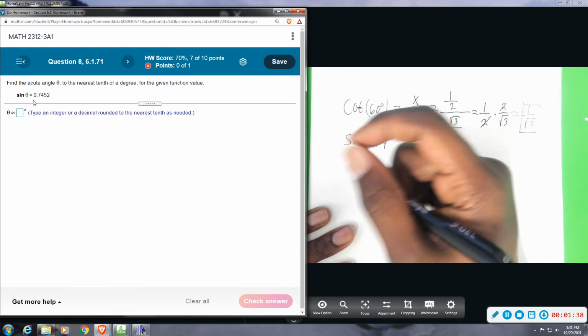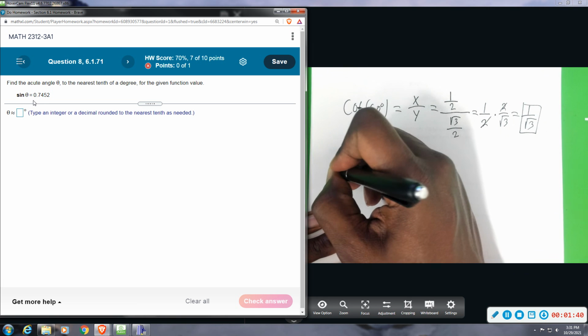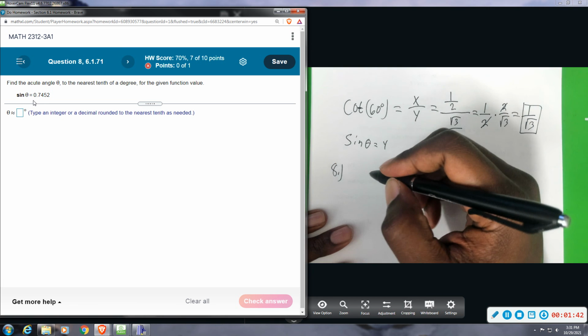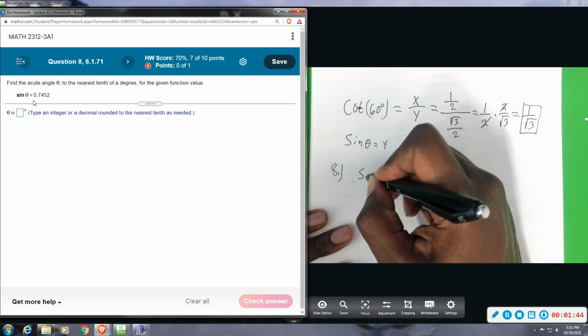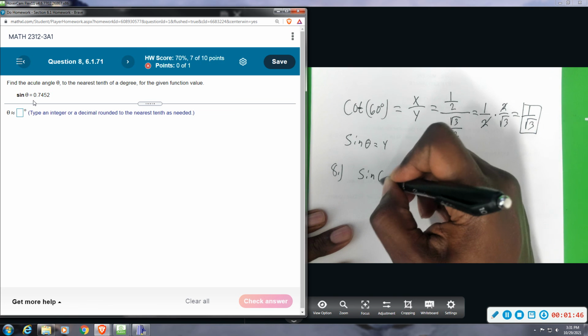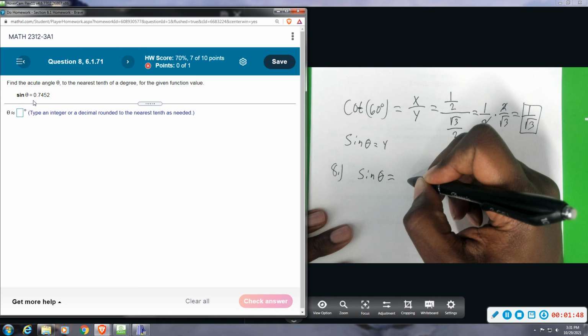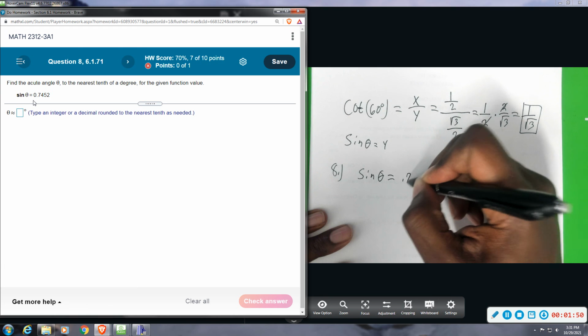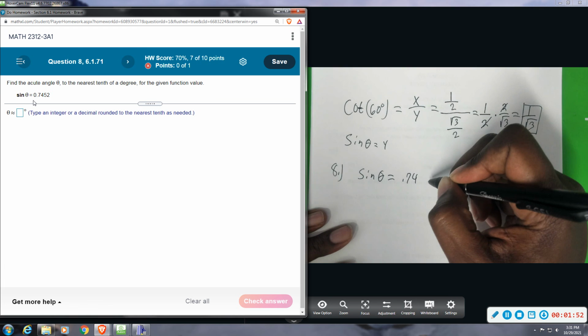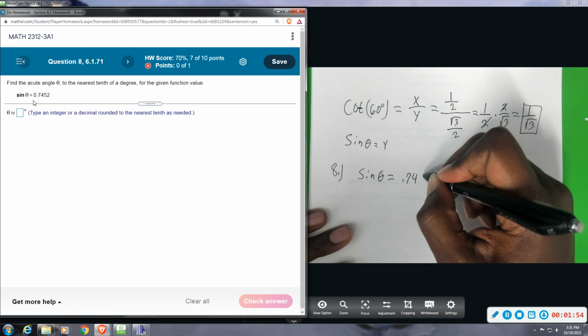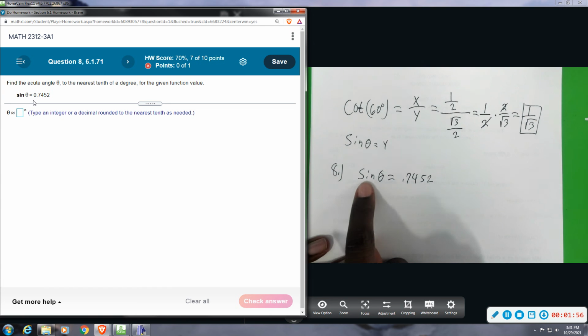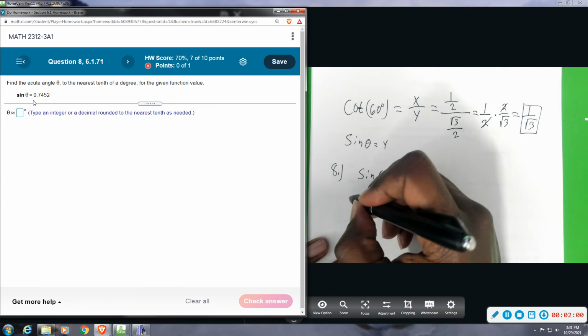So starting out, we have sine of theta equals 0.7452. All right, in order to get rid of this sine so we can figure out what theta is, we're going to do the inverse sine of both sides.